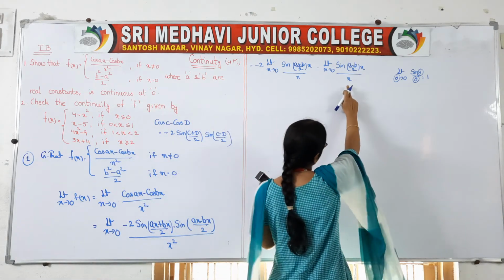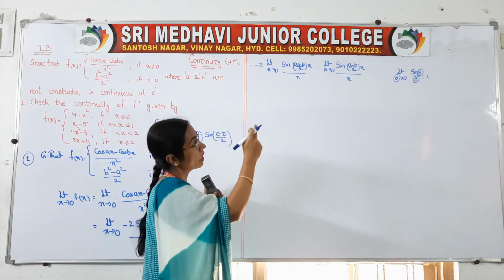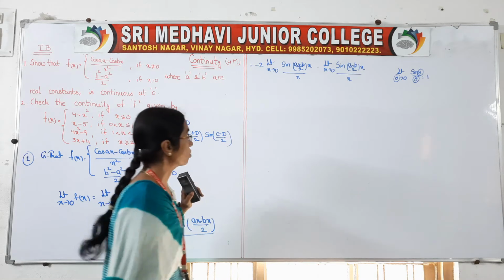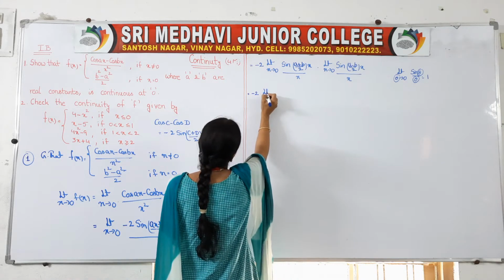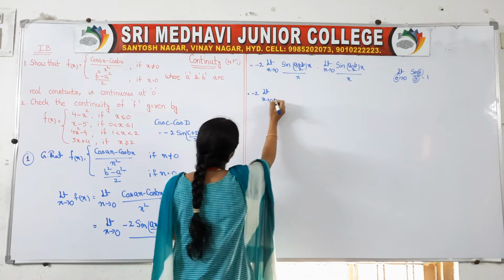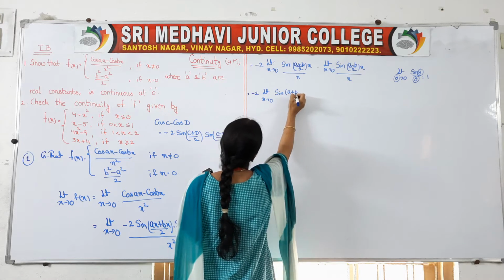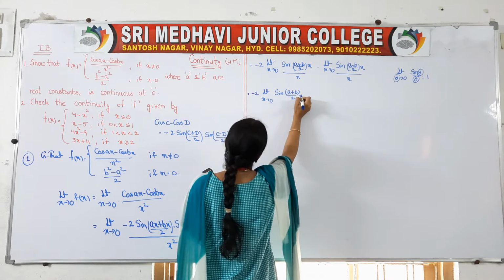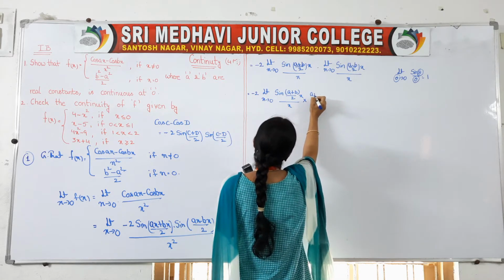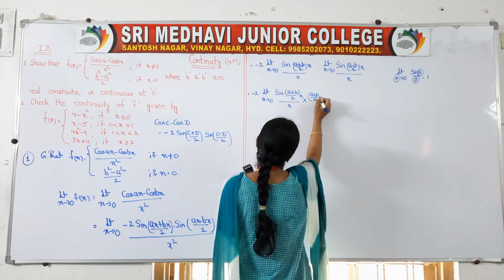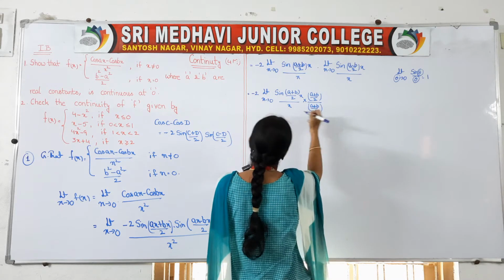Similarly, here also downwards we have to get a minus b by 2. How will we get it? Multiply and divide with a minus b by 2. So how can we write it? Minus 2 limit x tends to 0 sine of a plus b by 2x by x into a plus b by 2, a plus b by 2.